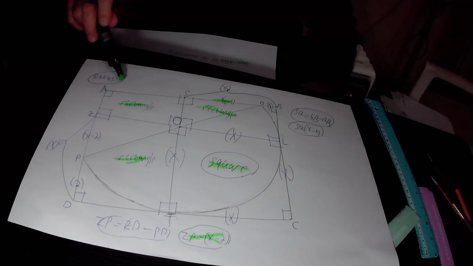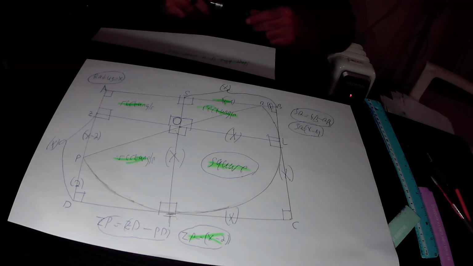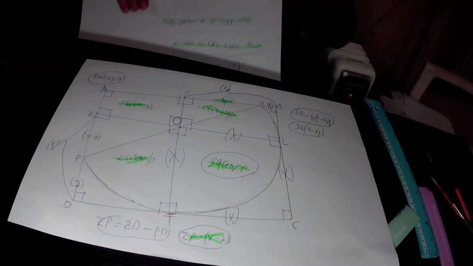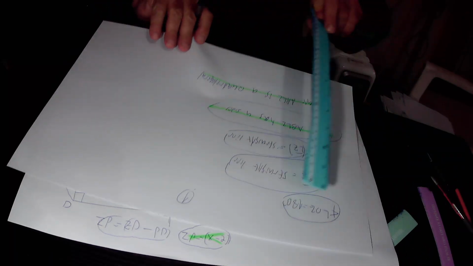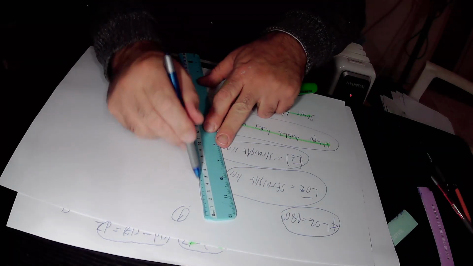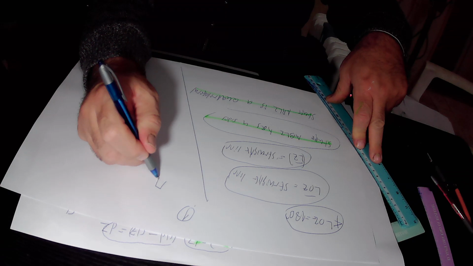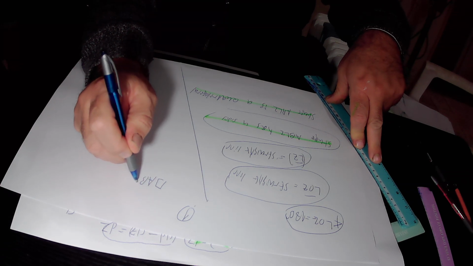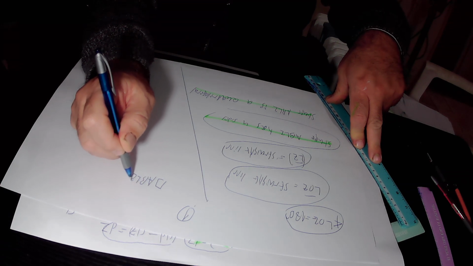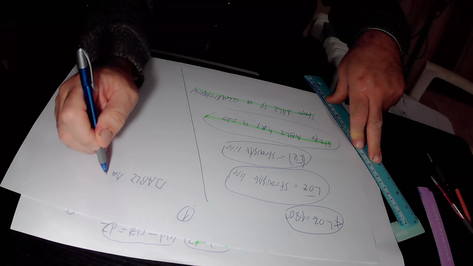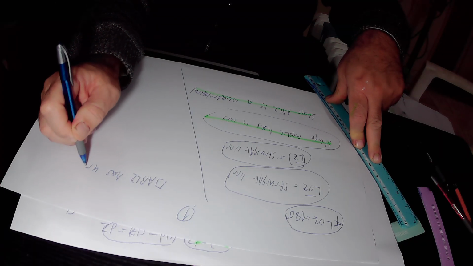It has 1, 2, 3, 4 right angles. So the upper quadrilateral ABLZ has 4 right angles.